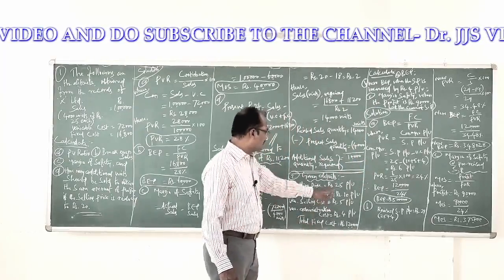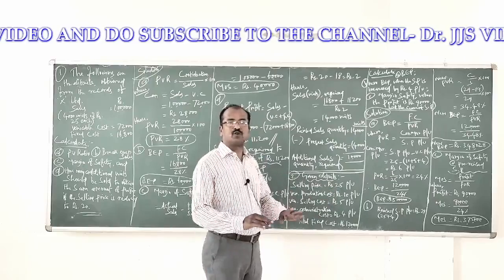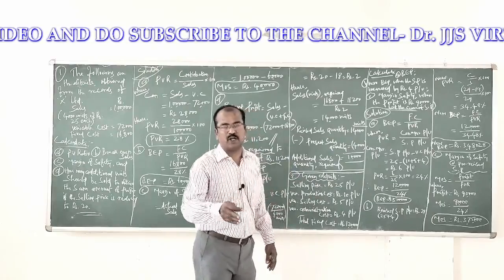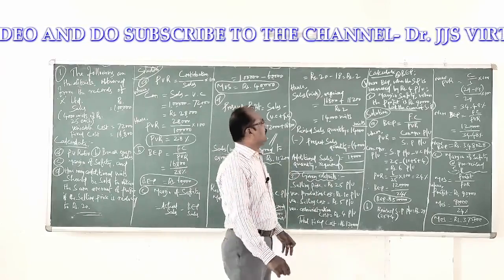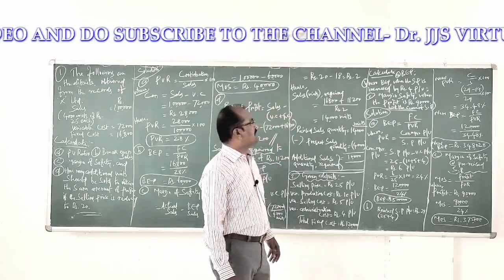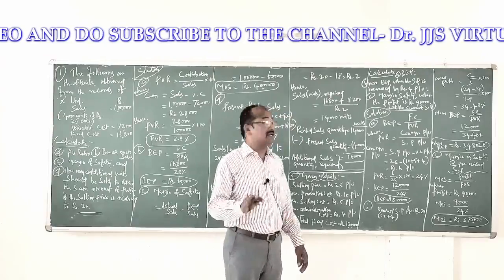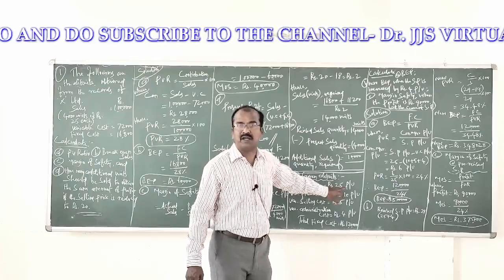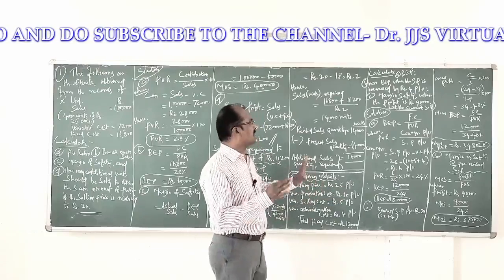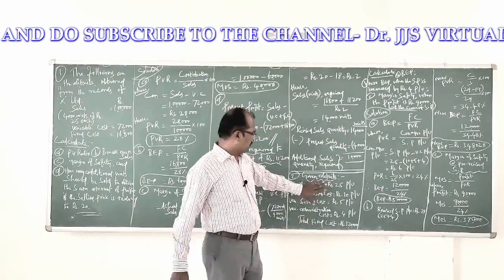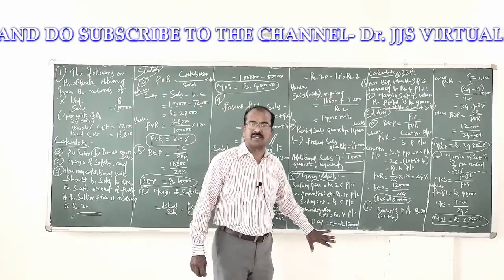What is the present selling price? 25 rupees. It is going to be increased by 4 rupees, which means the new selling price is going to be 29 rupees. Fine. Then C requirement is the margin of safety when the profit is 90,000 rupees at the current selling price, that means at the selling price of 25 rupees per unit. So these are all the requirements to be done based on the accounting information presented in the problem.